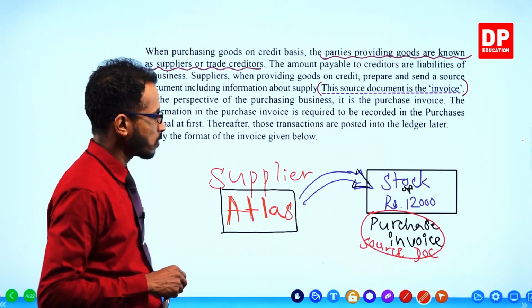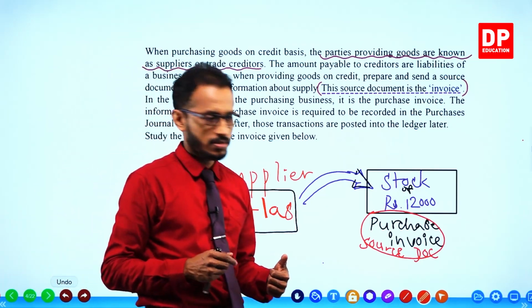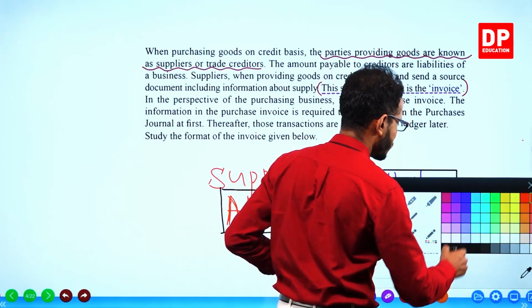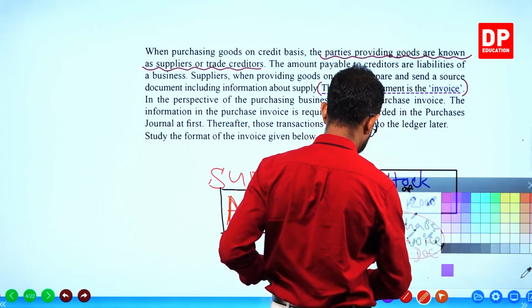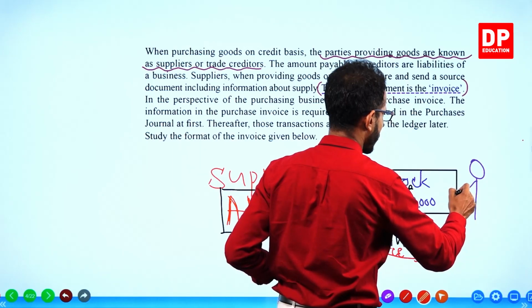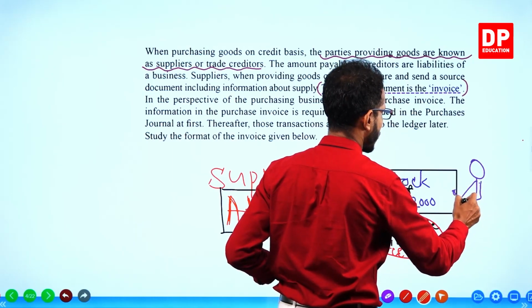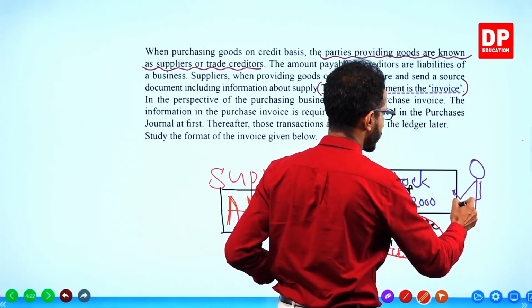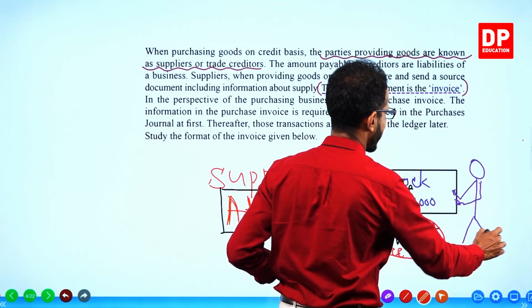Oh, I forgot to draw me, the businessman. The businessman is here. This is me taking the goods.